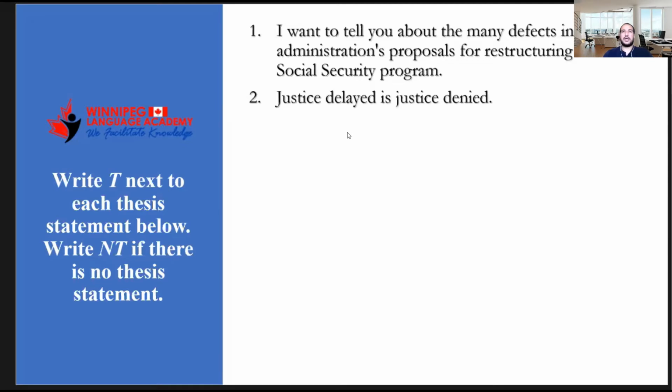A hook means it's a statement that is written to attract the reader to the topic. It can be a question, it can be a quote, it can be a statistic, it can be a surprising fact or surprising statement. So this is a hook. If you read "justice delayed is justice denied," yeah, this hooks me.